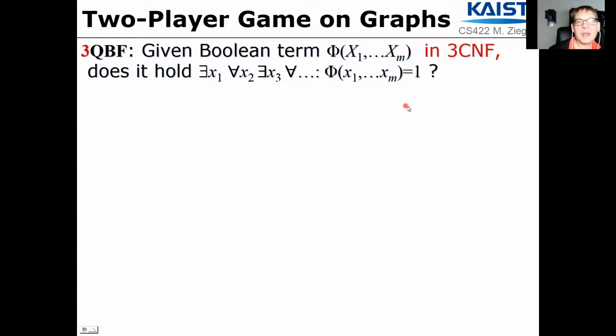So, what is this 3 quantified Boolean formula decision problem good for? Since we've explained that it is polynomial time equivalent to the previous one, it is also PSPACE complete. It's equivalent to QBF without the 3 conjunctive normal form condition, which we've just established to be PSPACE complete.